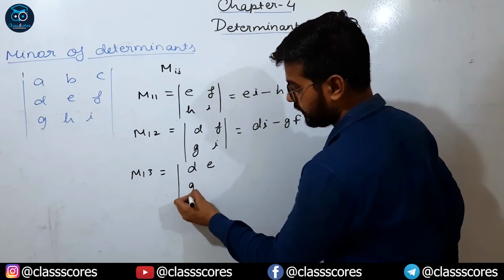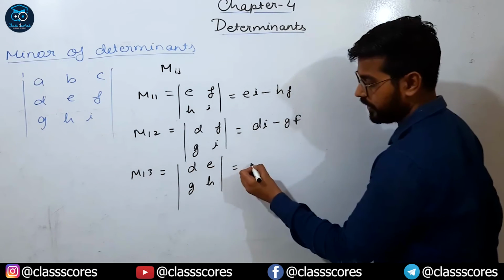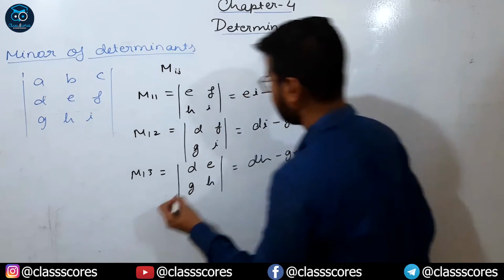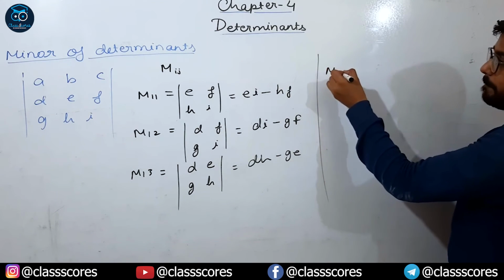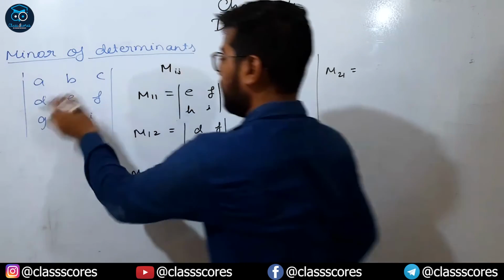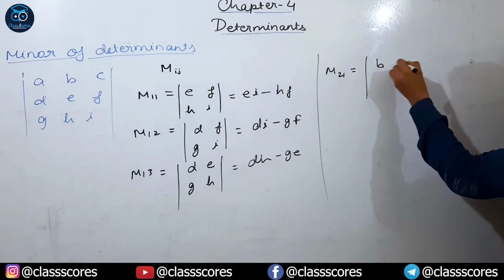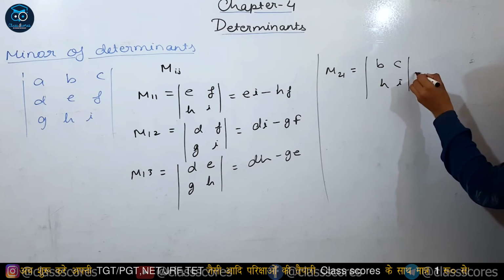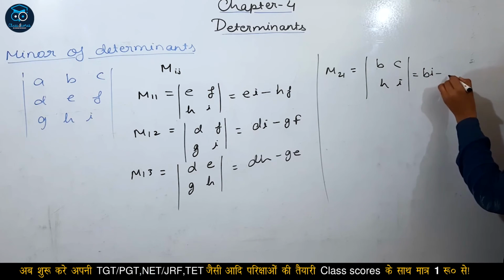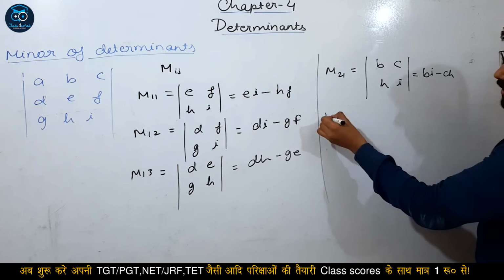D, E, G, H. If we expand this, DH minus GE. Similarly, M21, second row, first column, B, C, H, I. If we expand this, we get BI minus CH.